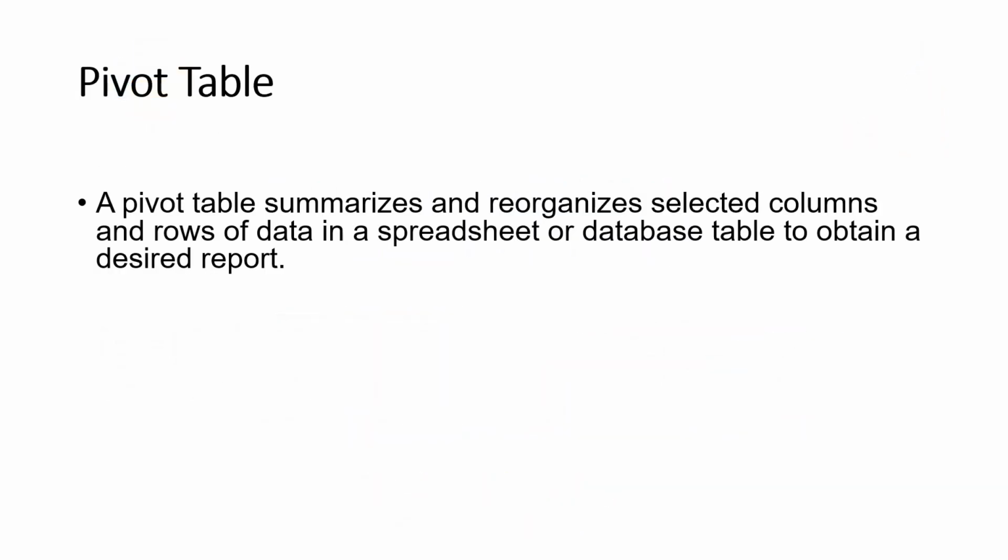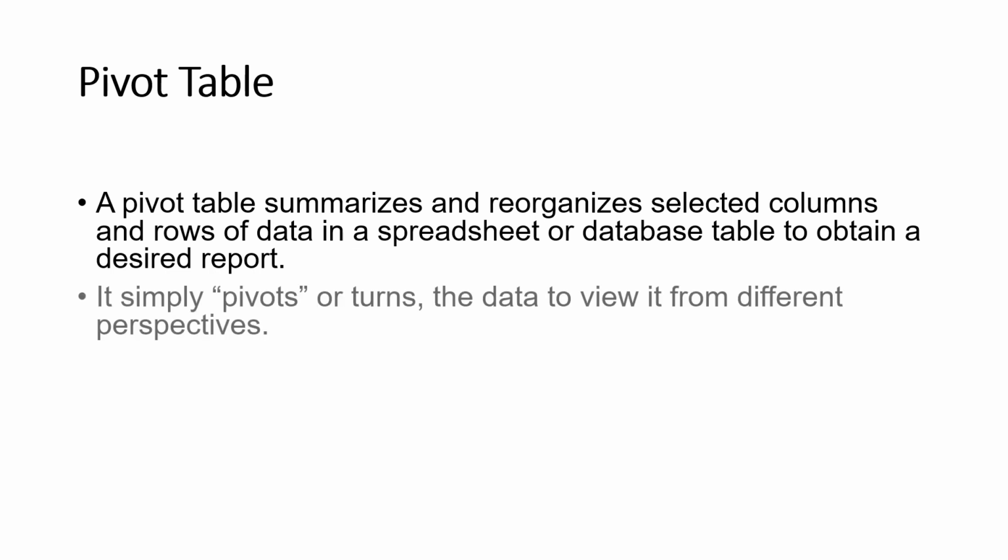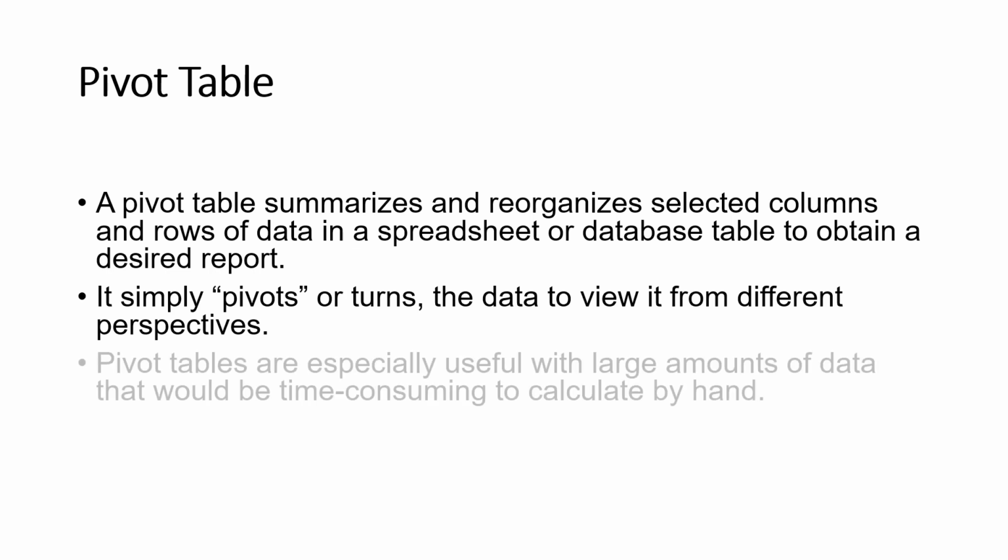We know that a pivot table summarizes and reorganizes selected columns and rows of data in a spreadsheet or database and organizes it in a desired format. It actually turns the data to view it from different perspectives. All these movements are virtual, not actual.